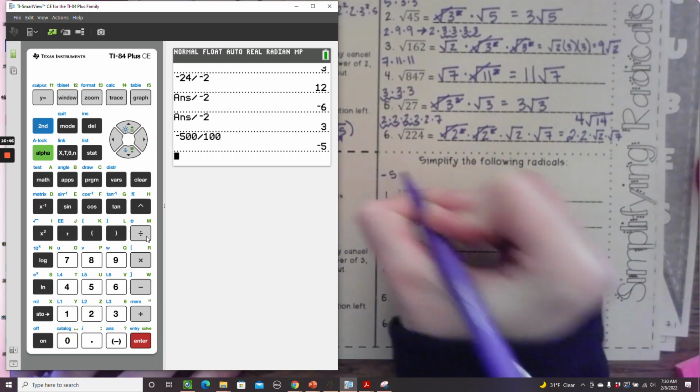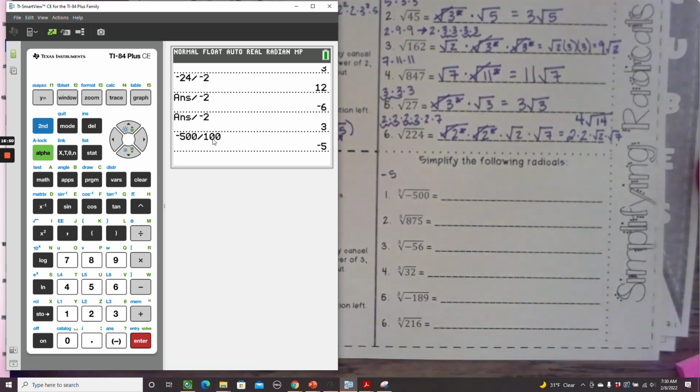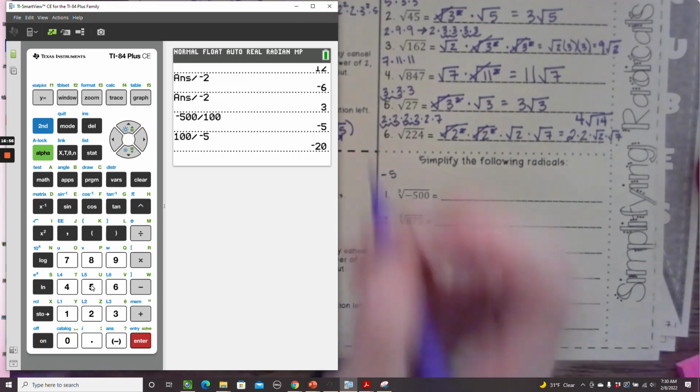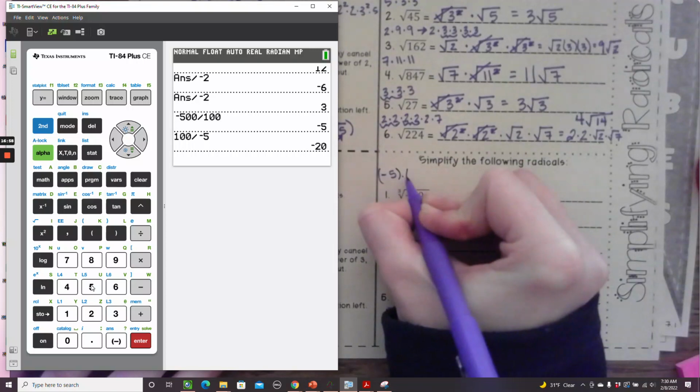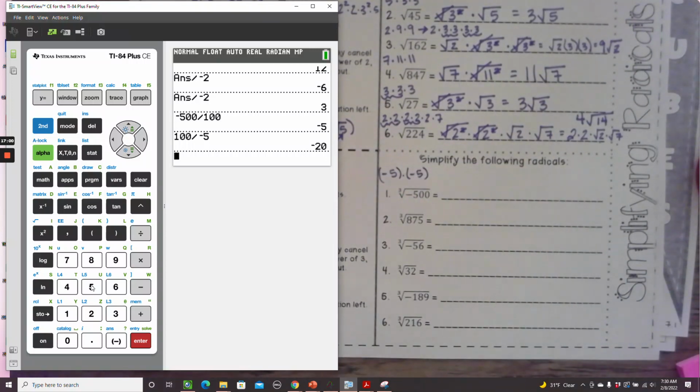Okay. Now I know that I still have to get rid of this 100. So I know 100 is divisible by 5. So I'm going to divide it by another negative 5 times negative 5. And then I know negative 20 is divisible by a negative 5.